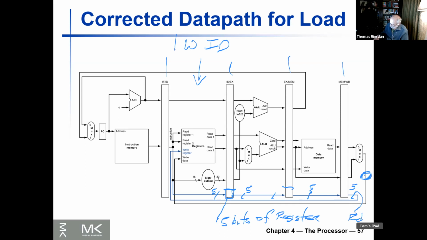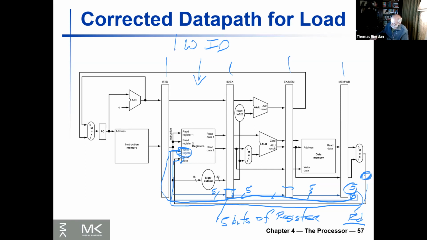As that instruction moved through the pipeline, we kept track of that 5-bit RD field, so that when this goes back to here, we have the right address to go with that data, the right place to write it. That's key.